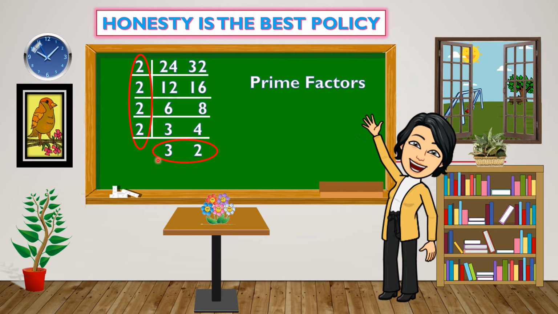So we will multiply them. 2 times 2 times 2 times 2 times 3 times 2 equals 96. Therefore, 96 is the LCM of 24 and 32.